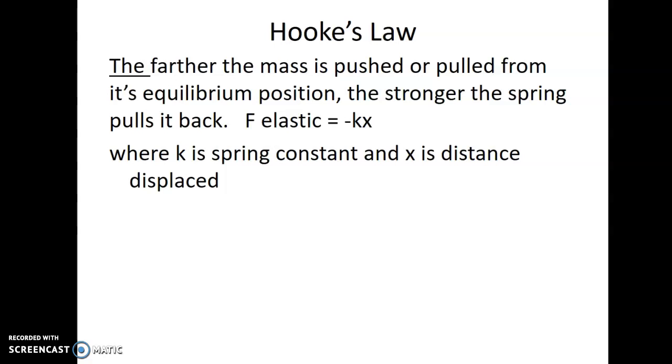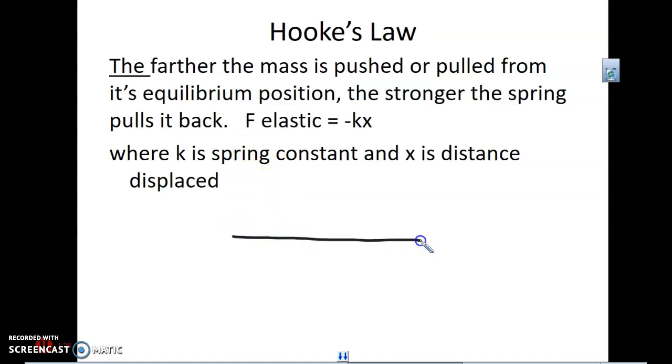K is our spring constant, and you've calculated that in our bungee jumping lab. The lower the K value, the more springy it is; the higher, the stiffer the spring. That's based on the material it's made of. And X is the distance displaced. The farther you pull something from its equilibrium position, the greater your X is going to be.